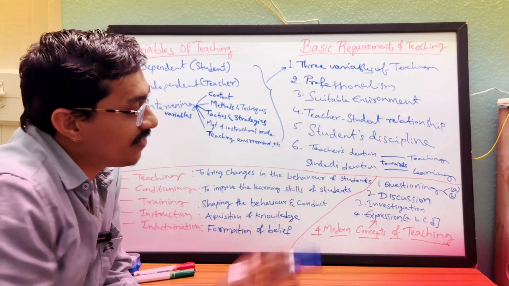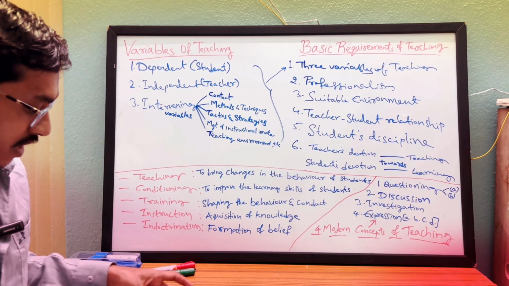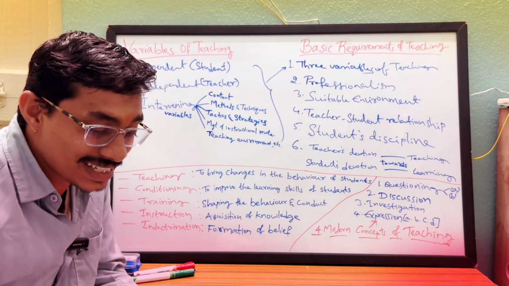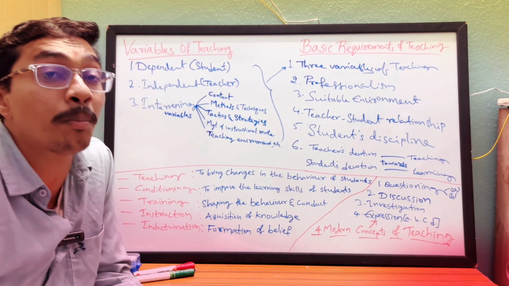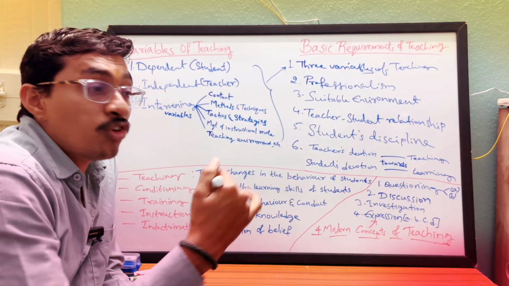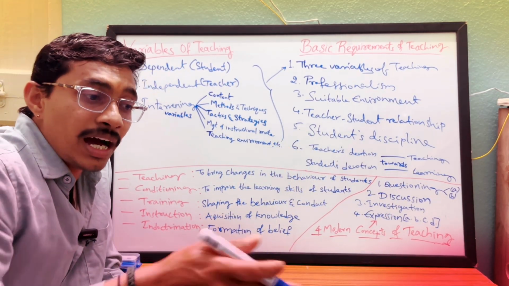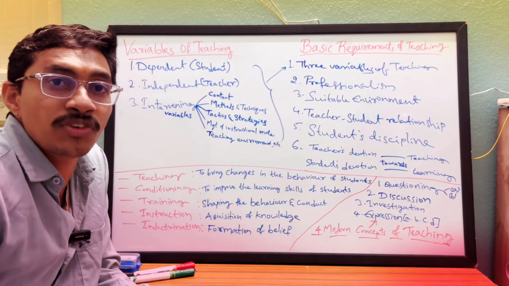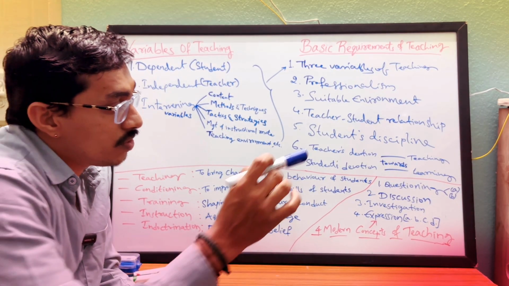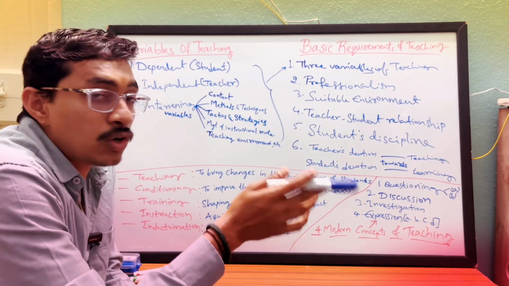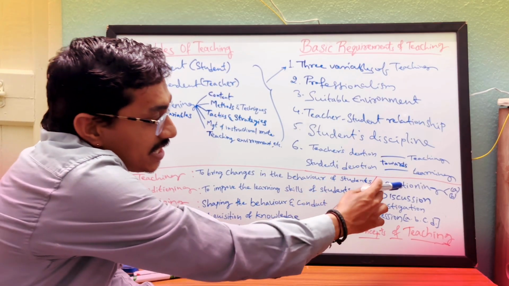Next, discussion, investigation, expression. Now I will read discussion. Discussion clears the doubts of the students and enhances their ability of expressing opinions. So expression of opinions comes under discussion. Whatever the content is, discussion goes on among the teacher and the students, and doubts will be raised there also.